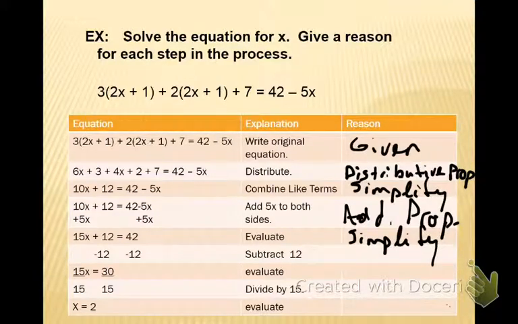Now we get 15x plus 12 equals 42. Now we know we have to subtract 12 from both sides. When my 8-year-old asks why you're doing that, you can tell her, well, the subtraction property says we can. That's allowed. Then we're going to combine the like terms on both sides, so we're going to simplify.